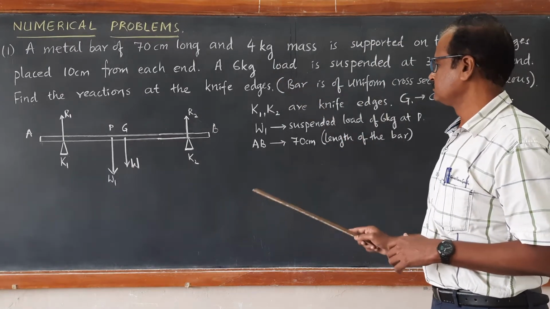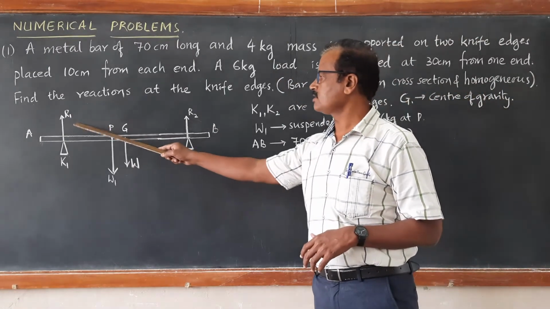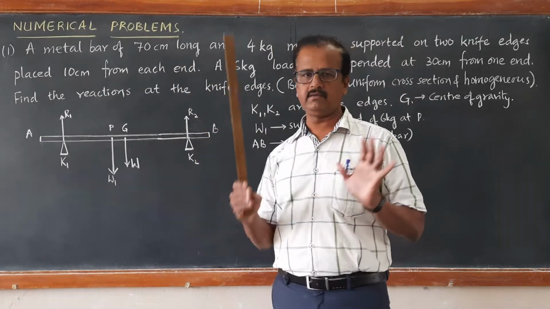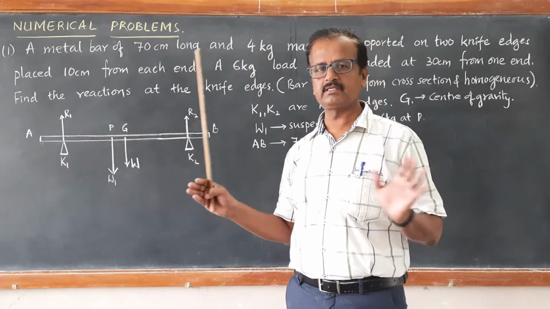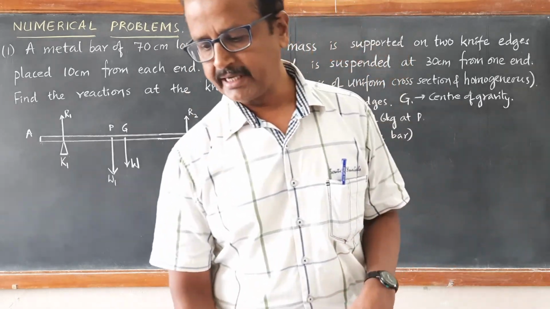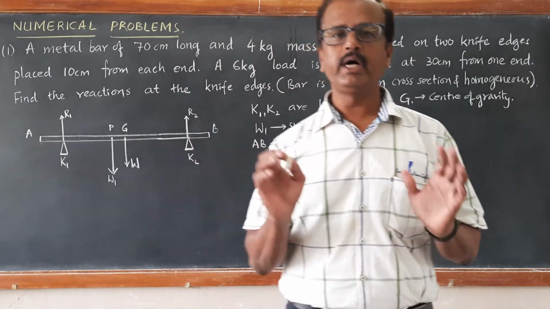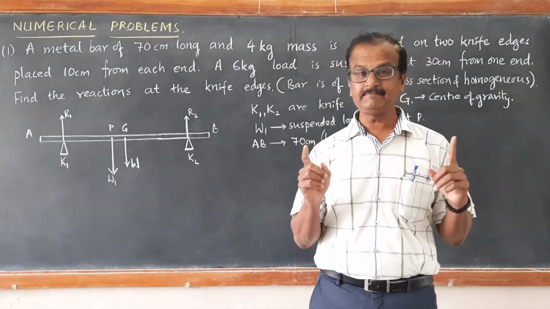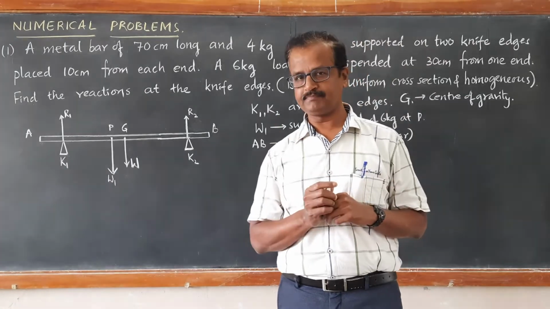So you are asked to find the values of R1 and R2. The metal bar is in mechanical equilibrium. When it is in mechanical equilibrium, we have to apply the conditions of translational equilibrium and rotational equilibrium.